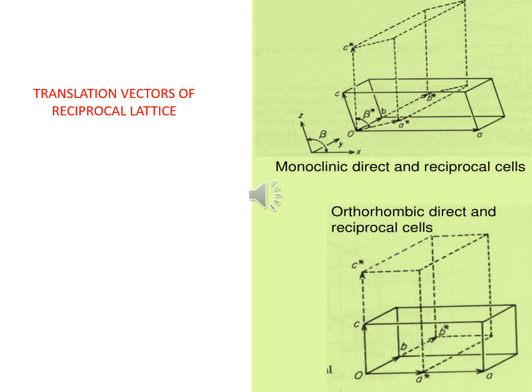If a, b, c were not making 90 degrees in the direct lattice, then of course it will be tilted, because the direction of the a star vector is perpendicular to the original plane containing the vectors b and c. So it will be a little bit tilted, as shown in the case of the monoclinic reciprocal lattice. I am not going into details here, and maybe in some other class we'll discuss it a little more.